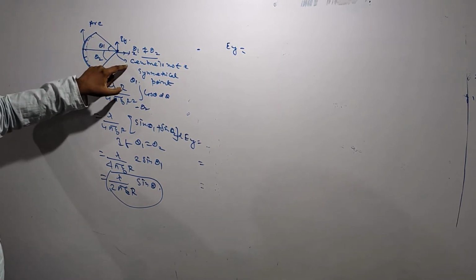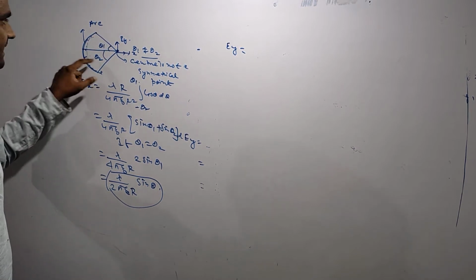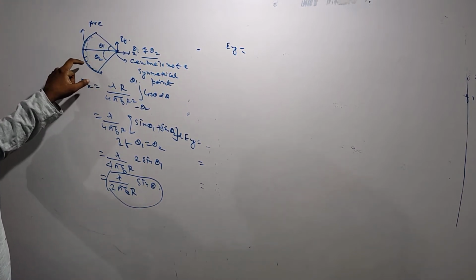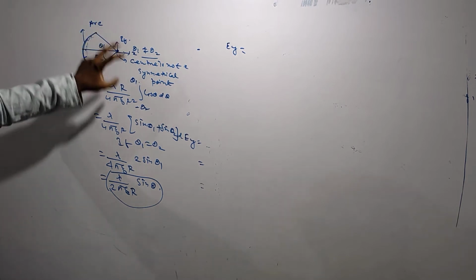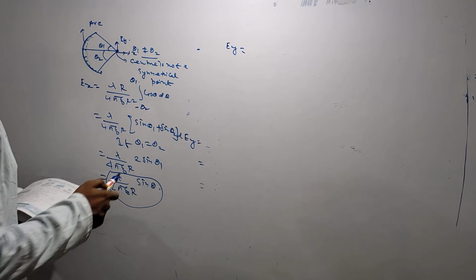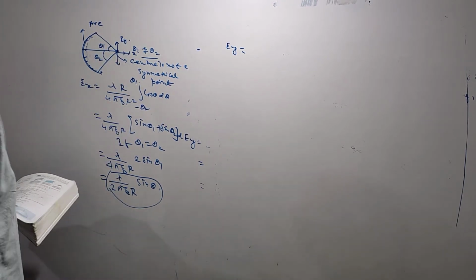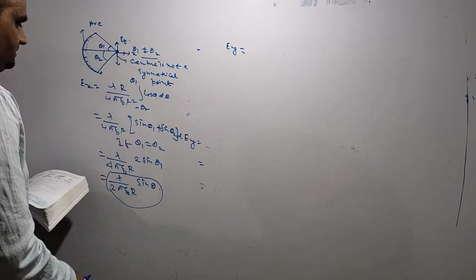This component is going to be downward and this is going to be upward if this angle is going to be larger. Depending upon the contributions, we see whether it's going to be downward or upward. Ex is just in the positive x direction.